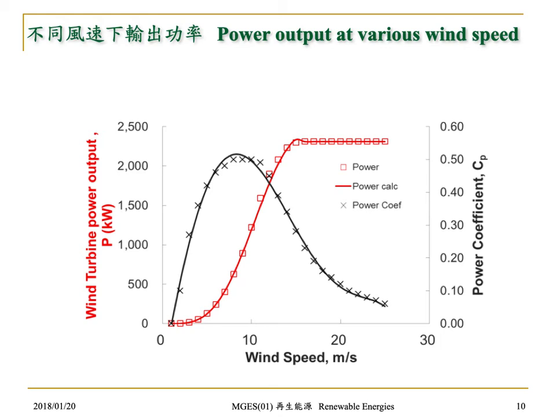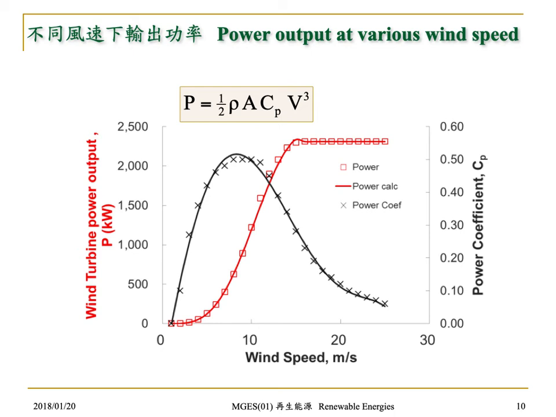This one is calculated by this equation. The difference from the previous ideal case equation is that here we put the CP, the power coefficient, into the calculation. The CP is a function of velocity, so different velocity has a different CP value. Substitute into the equation, you can calculate the wind turbine power output. We end up with the red curve.